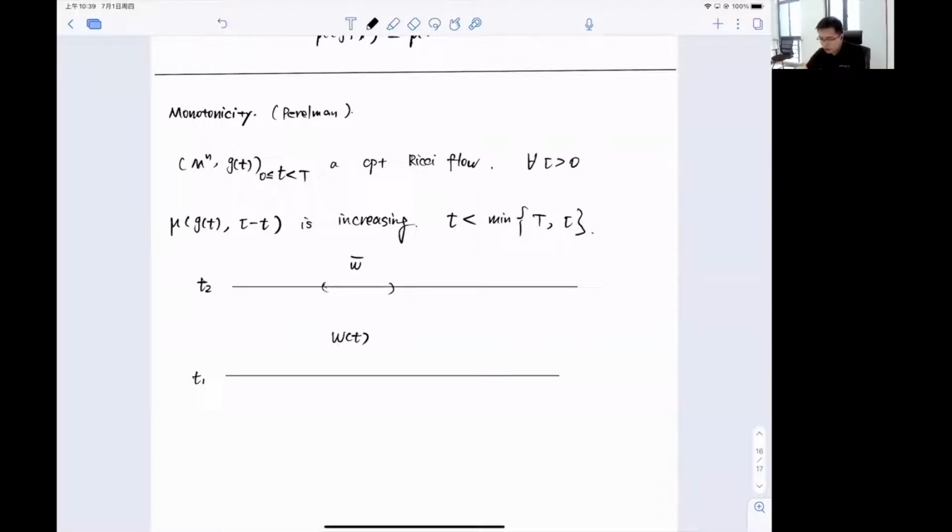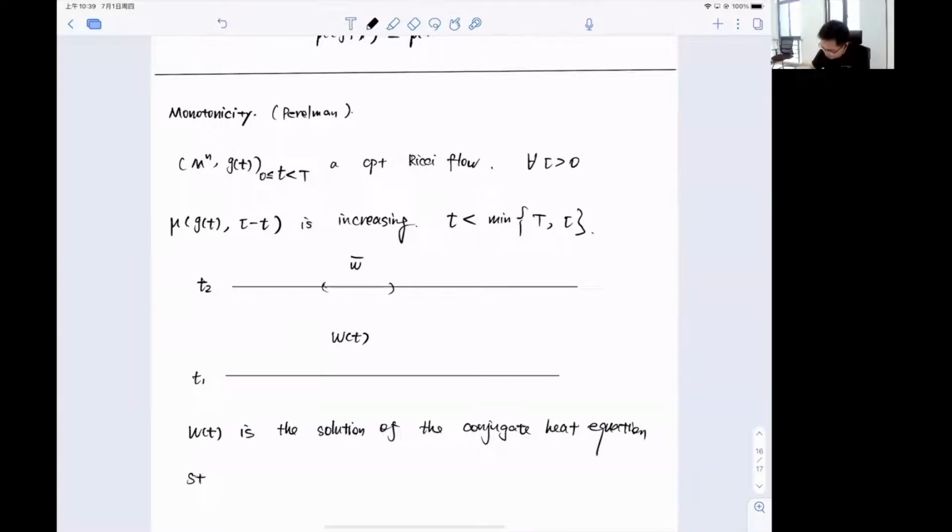So actually this omega t also depends on the spatial point. So here omega t is the solution of the conjugate heat equation along the Ricci flow starting with the given function omega bar.